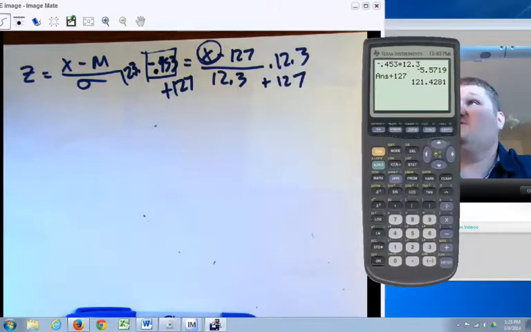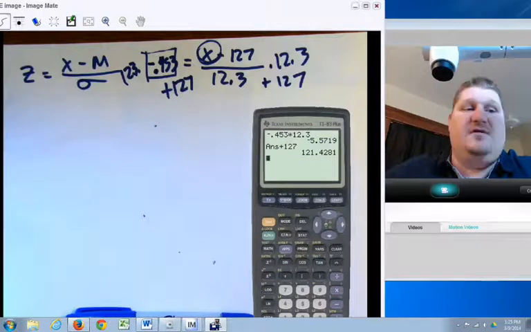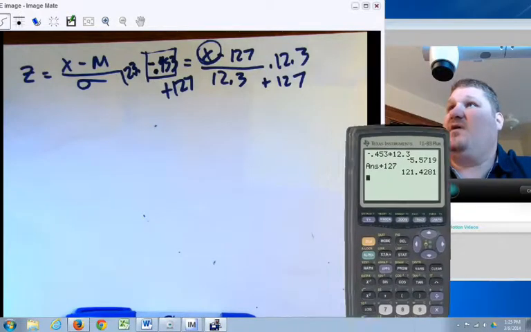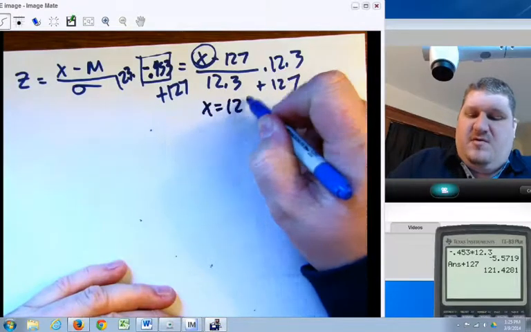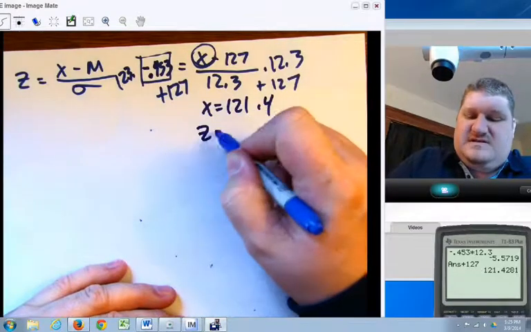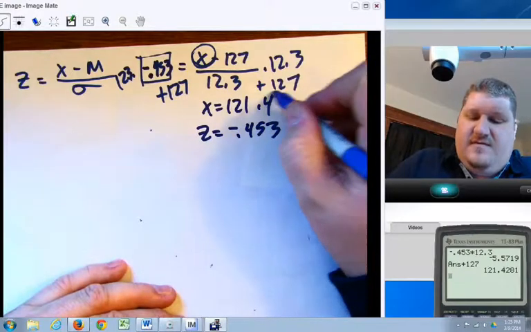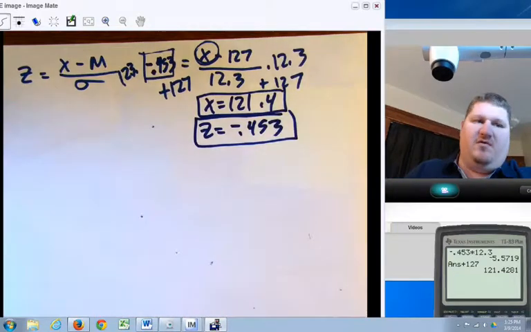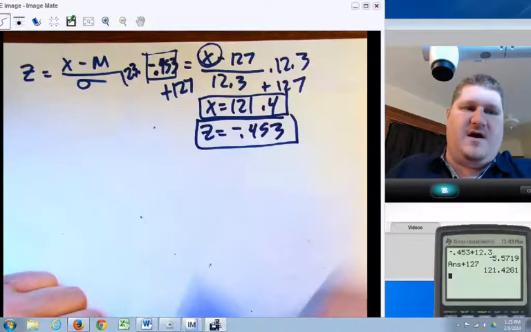After just a little bit of calculation, negative 0.53 times 12.3 plus 127 yields 121.4. X would equal 121.4. So the z-score necessary would be negative 0.453. The actual value, the data piece that would give you that, is 121.4. So those are two things working this problem backwards.